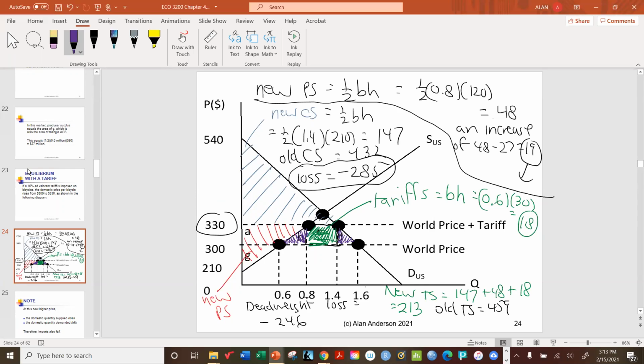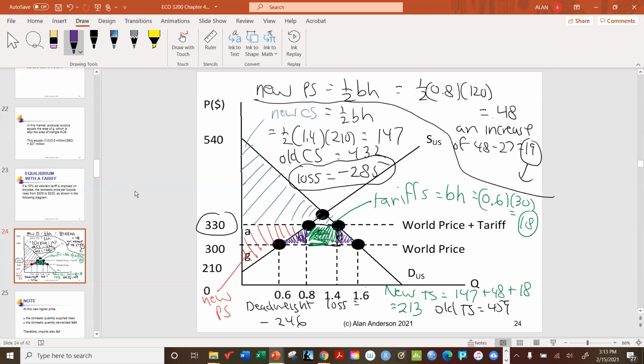So, and we'll work on plenty of these examples. Don't worry. I know it's a lot to take in all in one shot, but I hope you're seeing the logic behind what we're doing. Yes, that's right. Okay, so that's the tariff.